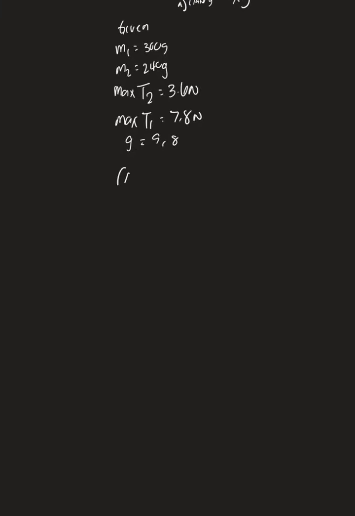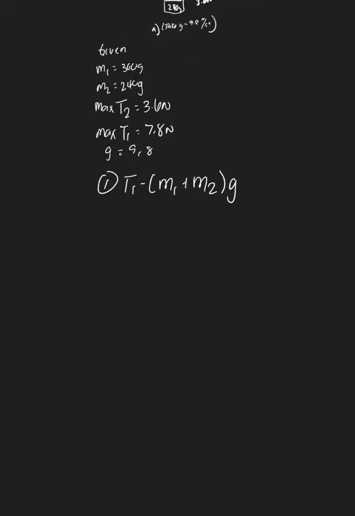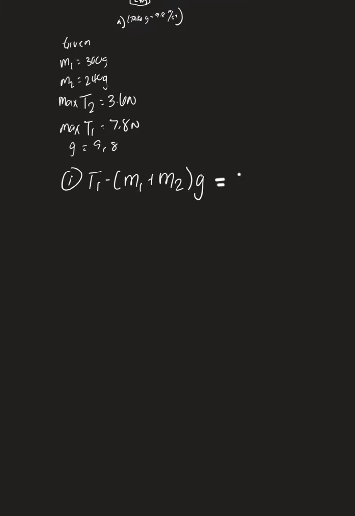So, equation 1, we will say the tension 1 minus the mass 1 plus mass 2 times gravity equals mass 1 plus mass 2 times acceleration.